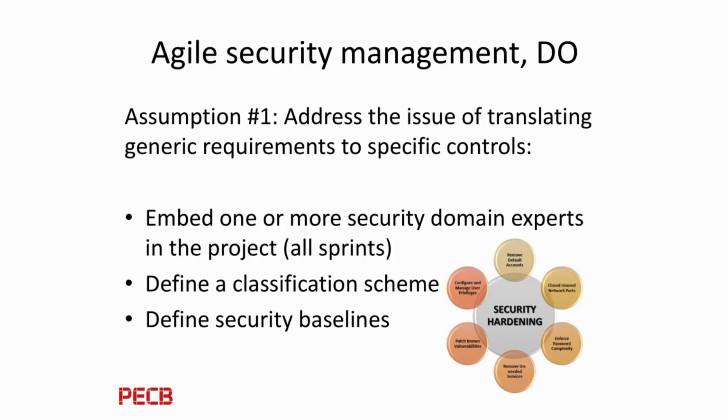We can also imagine that the classification scheme might lead to a security baseline that one would provide to the teams. The classification scheme and the baseline are just a way of automating the security knowledge in the Agile development team.